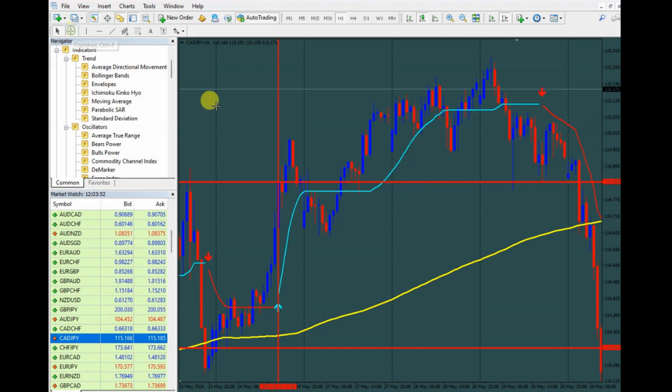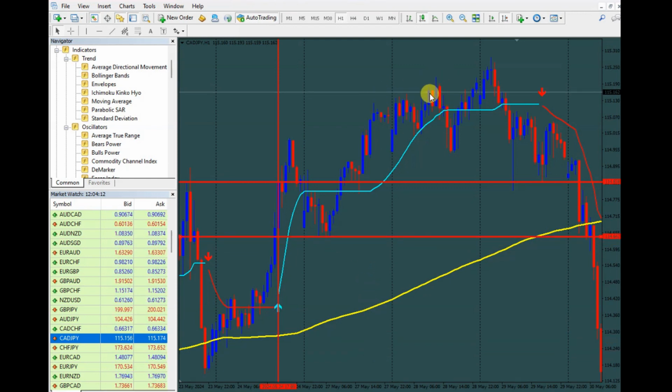So you can see the market moved to this point, and as the market is moving, we are moving our stop loss. So the first point, we move our stop loss to this swing low.